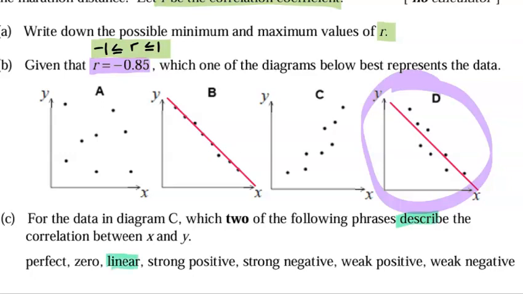Is it perfect? No, of course not. Is it 0 relationship? No, there is a relationship. Is it strong positive? Absolutely. It's greater than 0.7 in absolute value, so it is a strong positive, which means it can't be strong negative, weak positive, or weak negative. So those are the two phrases that best describe the correlation.